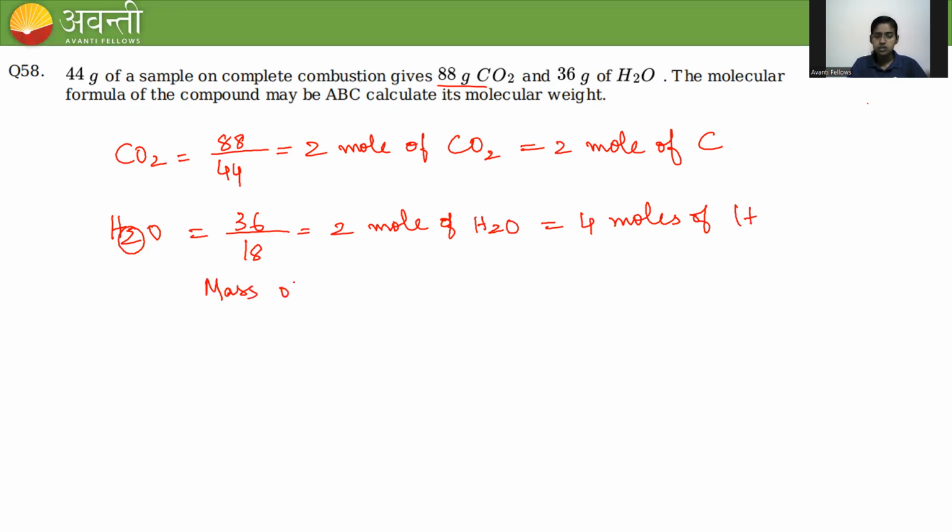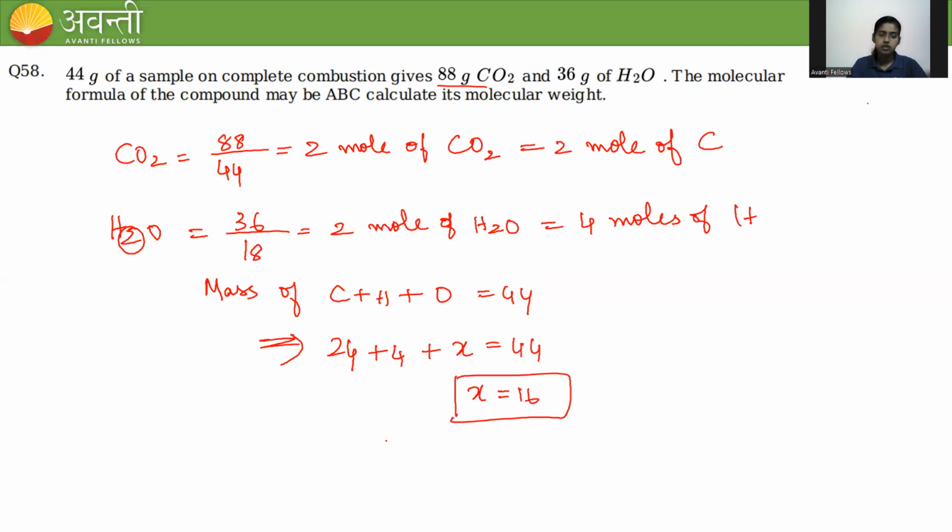Now, the mass of carbon, hydrogen, and oxygen should be equal to 44, which implies there are 2 moles of carbon. For each carbon, the atomic mass is 12, so 2 moles means it is 24. 4 moles of hydrogen means it is 4. And coming to the oxygen, 24 plus 4 plus X is equal to 44, so X is equal to 16.